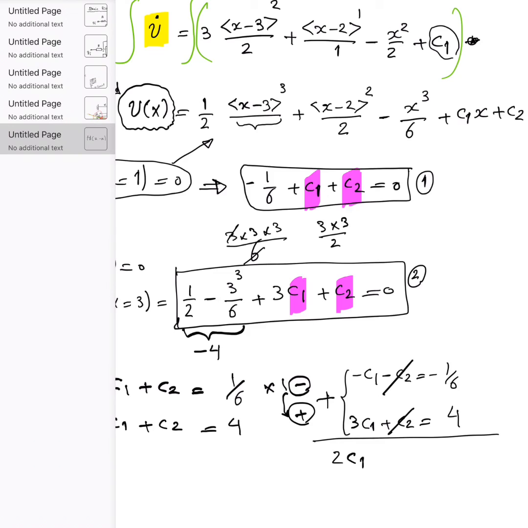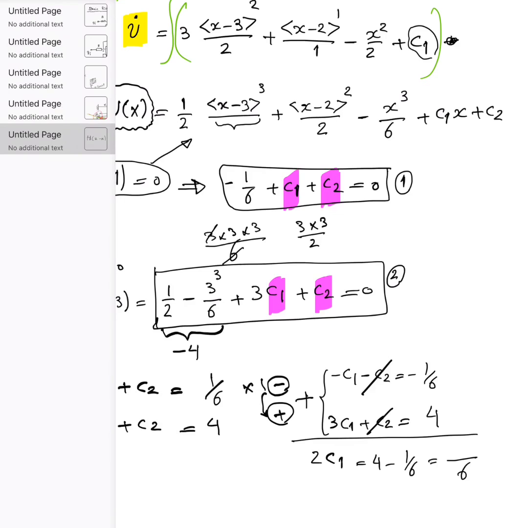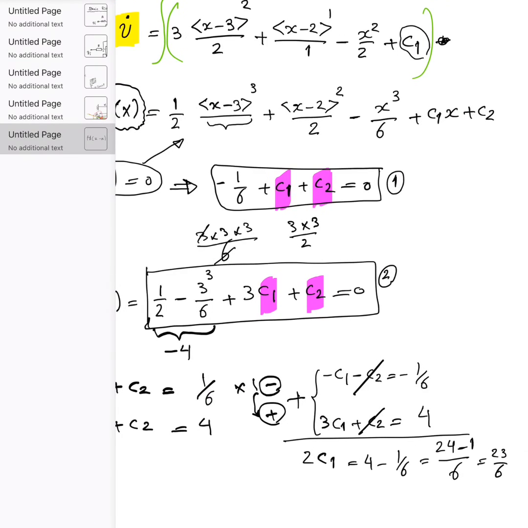C2 cancels out, and then you get 4 minus 1 over 6, and 6 goes to the bottom: 24 minus 1, which is 23 over 6. So then that means your C1 is equal to 23 over 12.